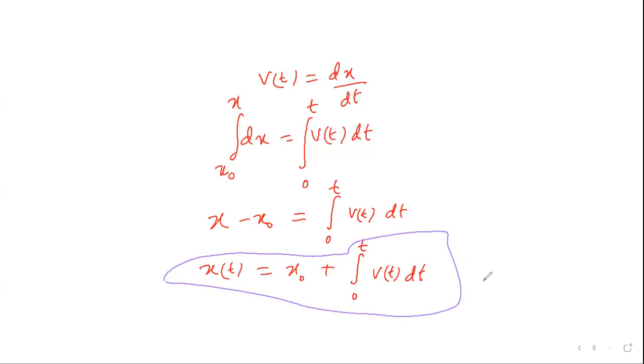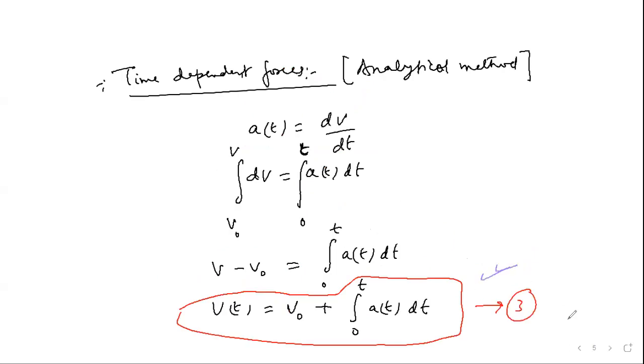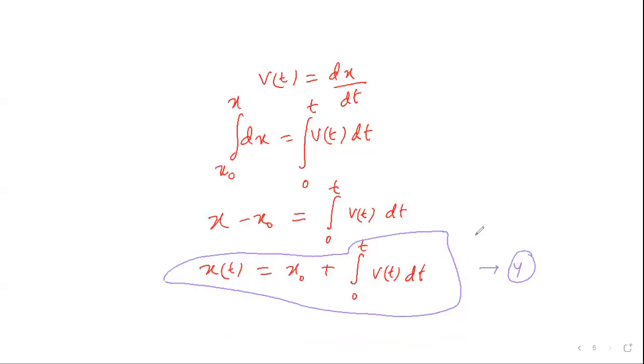I name it equation 4. This is 3. This equation and this equation we can use in case of time dependent forces. Now I will demonstrate their use in a problem.